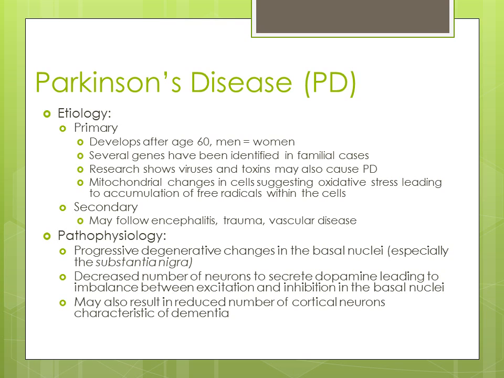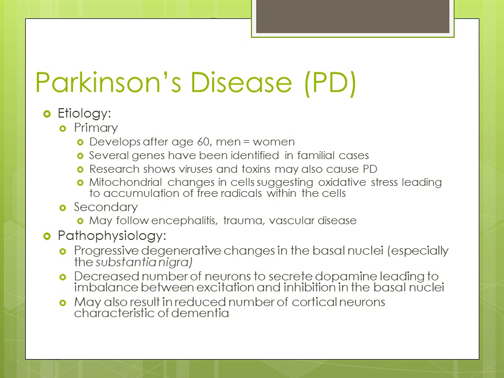And there's also some mitochondrial changes that show oxidative stress leading to free radicals that they found in Parkinson's disease. Secondarily, people who have had encephalitis, trauma, or vascular disease may get kind of a secondary Parkinson's disease where the substantia nigra is affected by the encephalitis, the trauma, or the vascular disease.